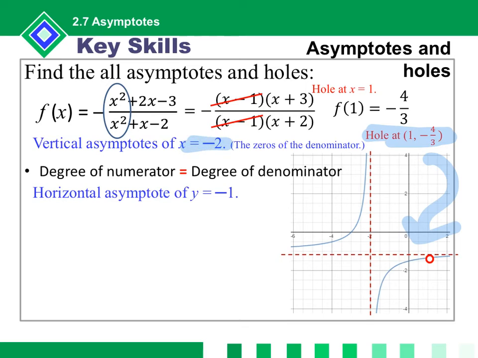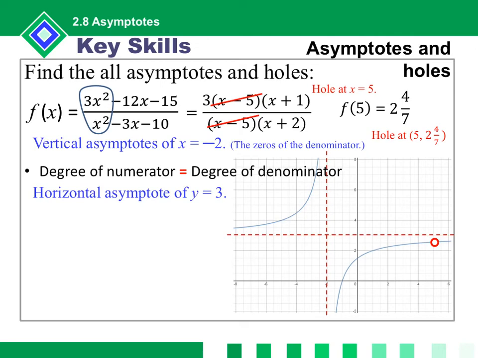And then I compare the degrees. Since the degrees are equal, the horizontal asymptote is given by the leading coefficient of numerator divided by leading coefficient of denominator. In this case, it's going to be y is equal to -1, and then I can graph it.